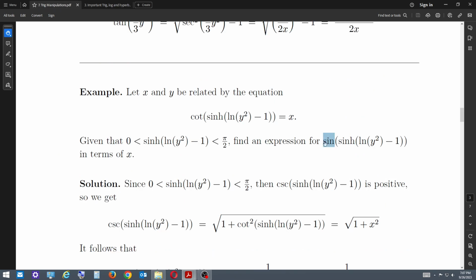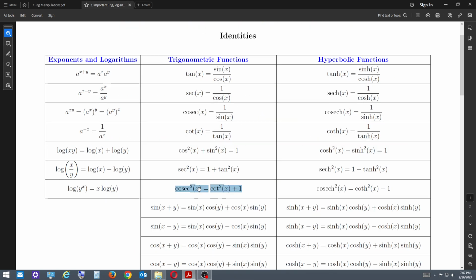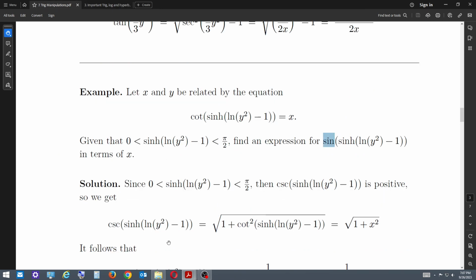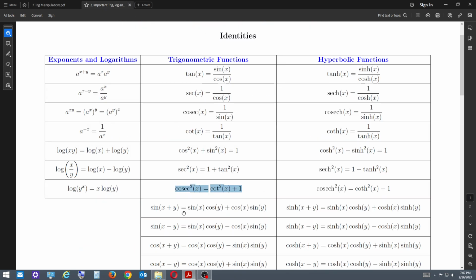I want sine. So I could use this identity to find cosecant and then take the reciprocal to get sine. Notice I have CSC here and cosec here, they're both the same thing. Usually cosecant is abbreviated CSC, but sometimes it's also used as COSEC.